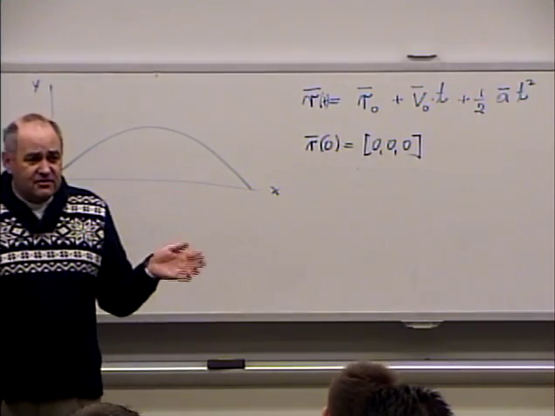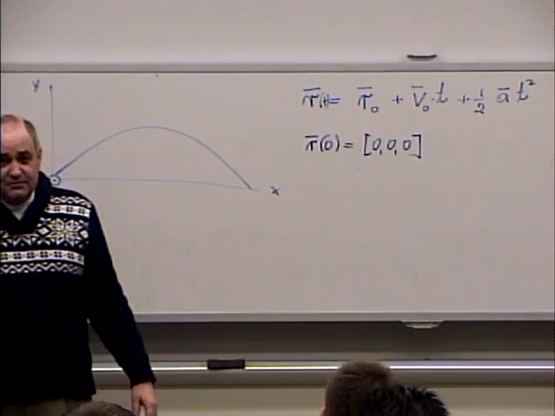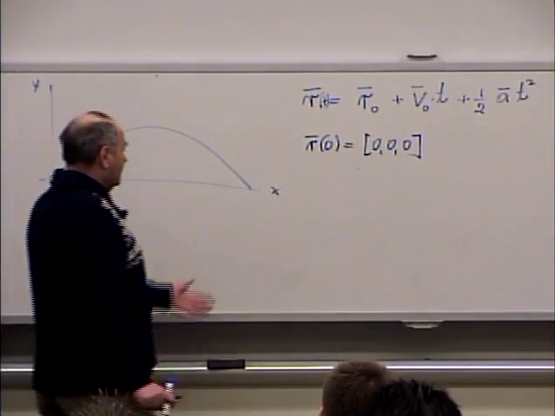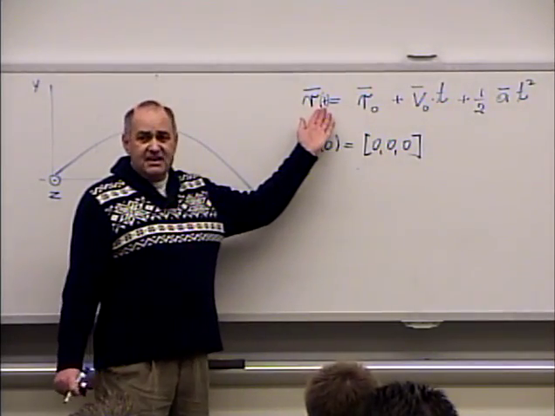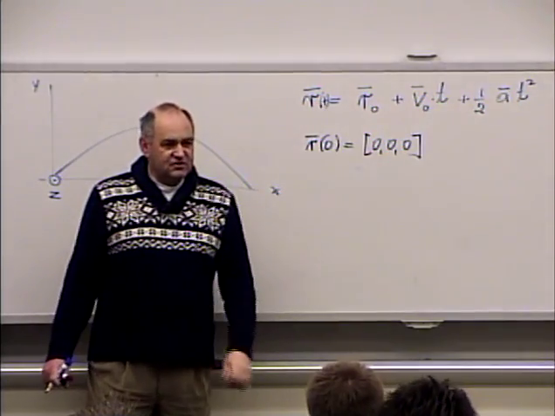Whatever instant we think of, if we plug in t for that instant, we should get the position of the particle. So, for example, if I plug in 0, I should get this position.